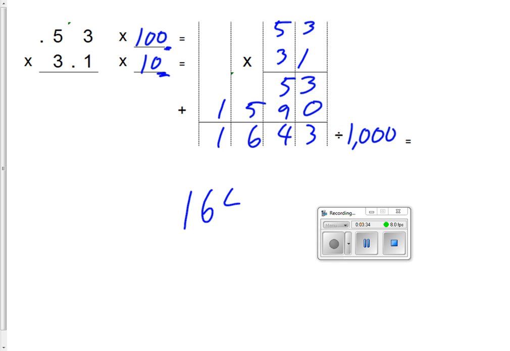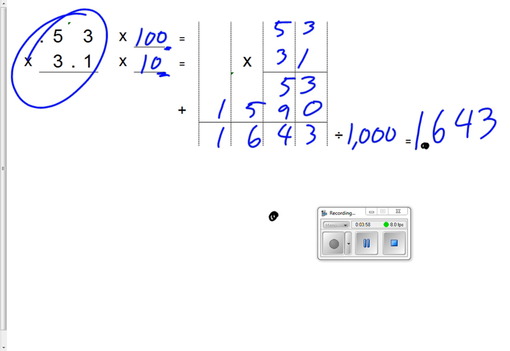I have my number 1643. Here's my decimal point. And again, if I'm dividing by 1,000, it means everything is moving 3 places to the left. 1, 2, 3. So my answer is 1 and 643 thousandths.